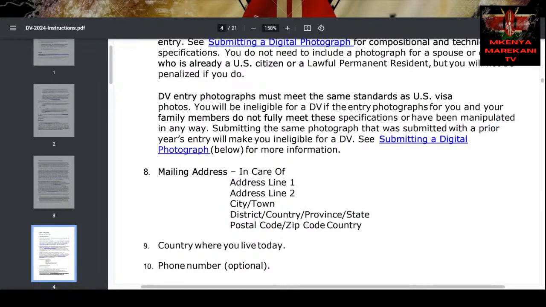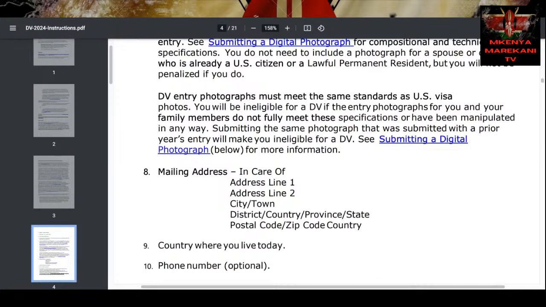And then the mailing address, which is in care of. So you write your city or address. I've always told guys, if you don't have an address, you can use your school, old school, or church, or work, because there's nothing they will send to this address.